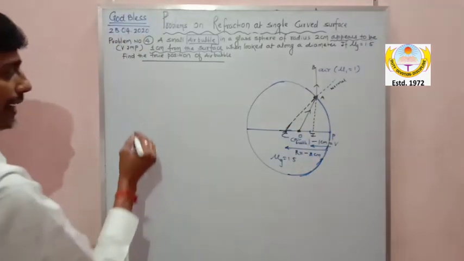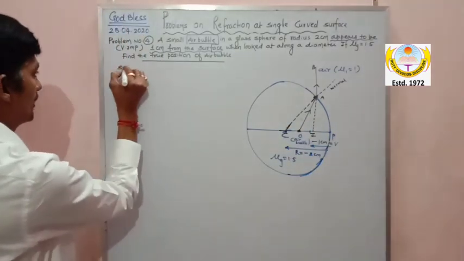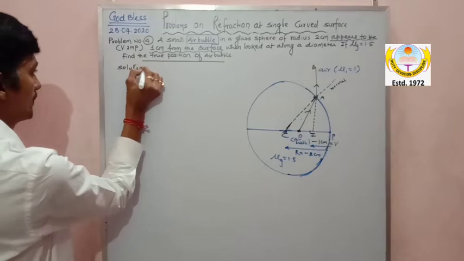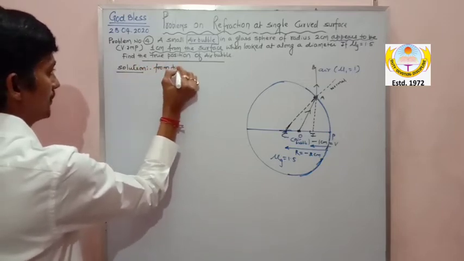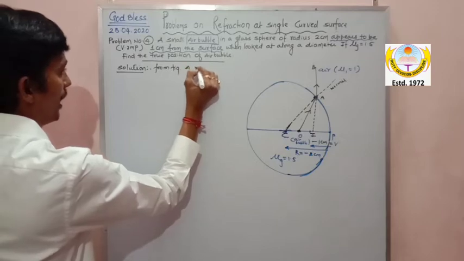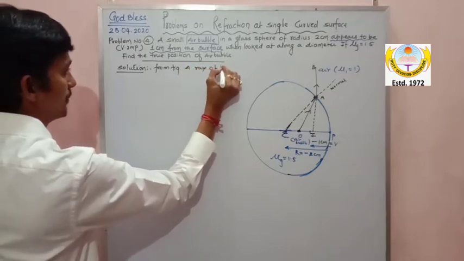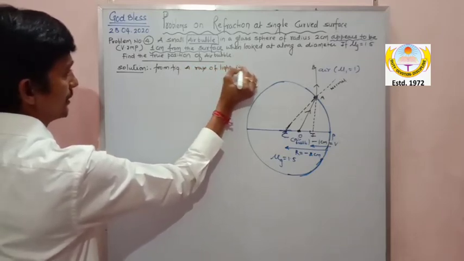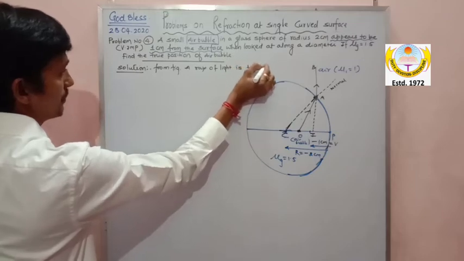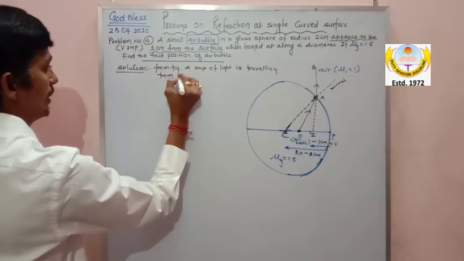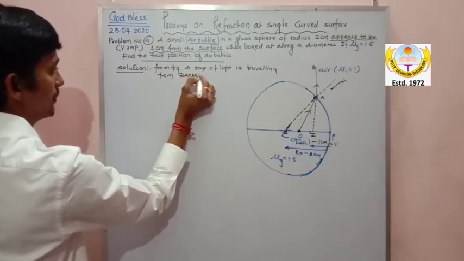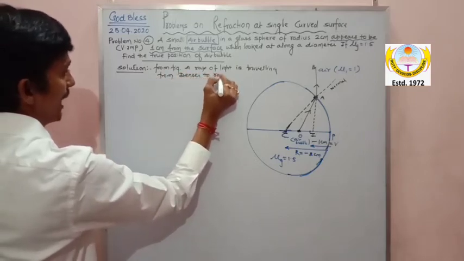So here it is a case of solution from figure. A ray of light is traveling from denser to rarer medium.